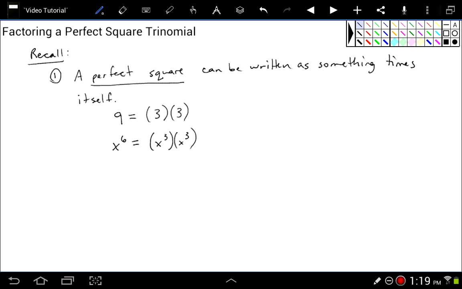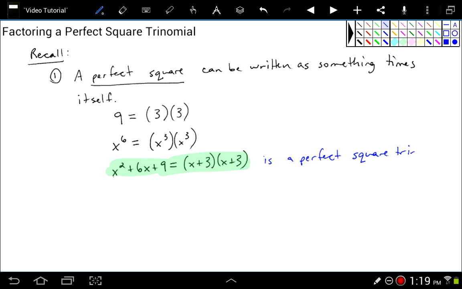X squared plus 6x plus 9 is a perfect square because it can be written as x plus 3 times x plus 3. Now, this last example is a perfect square, but it's also a trinomial. So this is a perfect square trinomial.